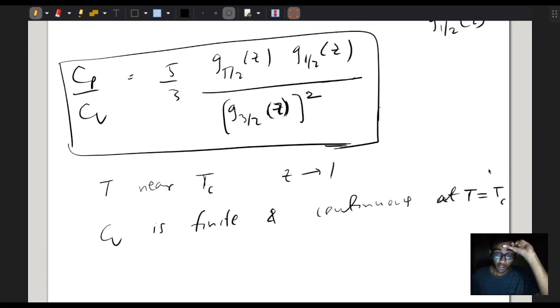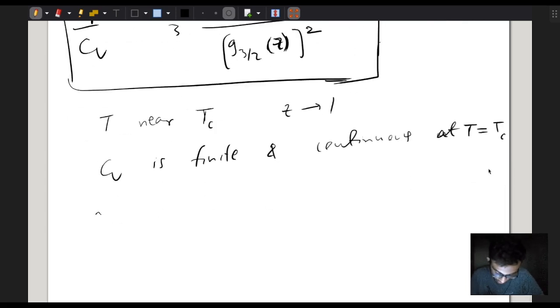So let us look at what happens to the right hand side. We know that gn of 1 is simply Riemann zeta of n.